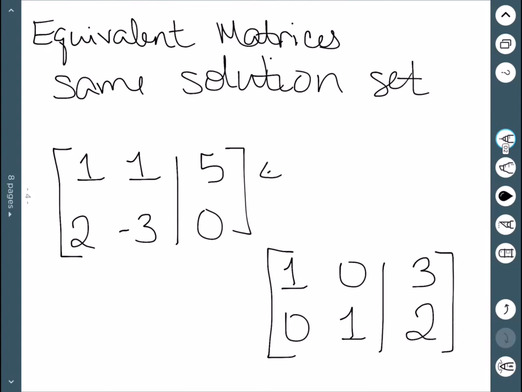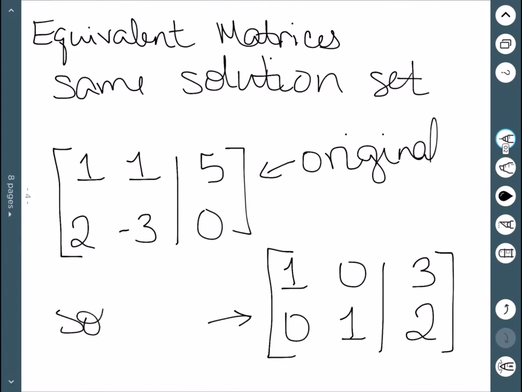The top one was the original system, and the bottom one is what we had after we solved it. We know that these are equivalent matrices because we've already shown that they have the same solution set.